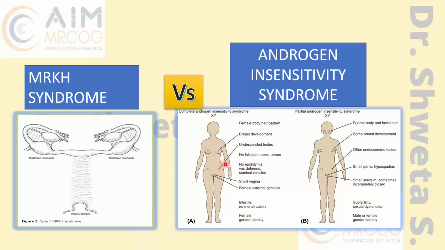Ultimately, dihydrotestosterone is the one that is mainly working and making you a male. So dihydrotestosterone is not working. So she has testes, but it is not working on the periphery. That's why she will have a vagina, blind pouch, no uterus, only testes, good breast development because the testosterone is converted to estrogen in fat cells, and no hair.